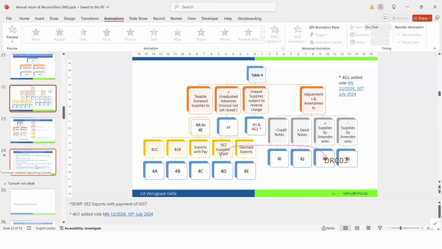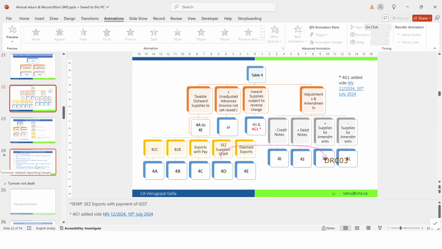Sir, one question from my side, Haji sir. In table 9, there is a summary of tax payable and tax paid. In that case, the amount we paid through DRC03, we were showing per the books of accounts in table 4, and the additional tax liability was paid through DRC03.